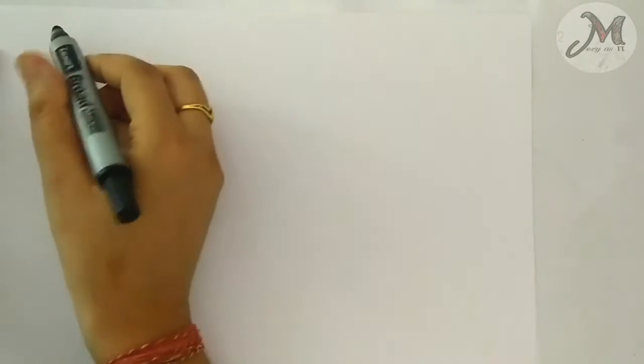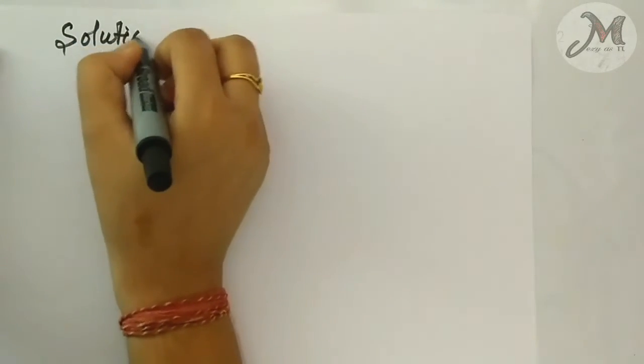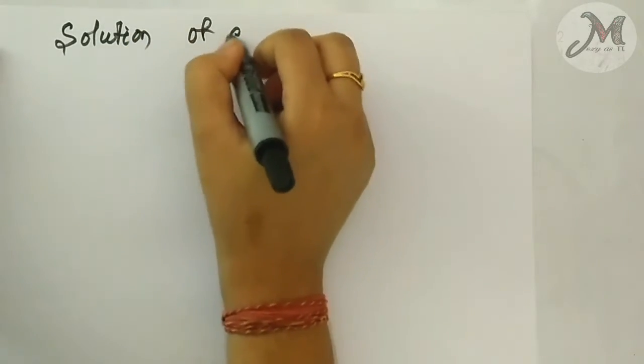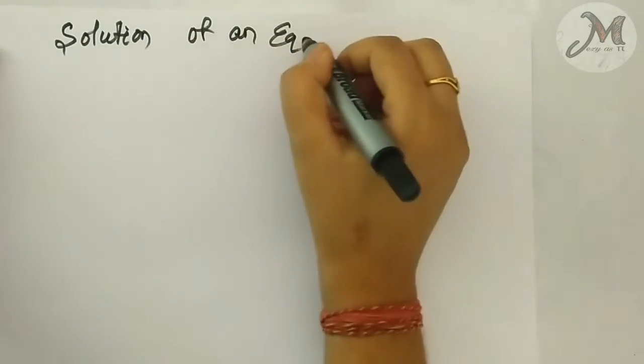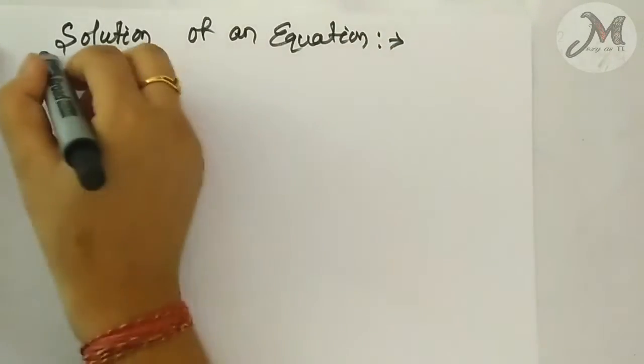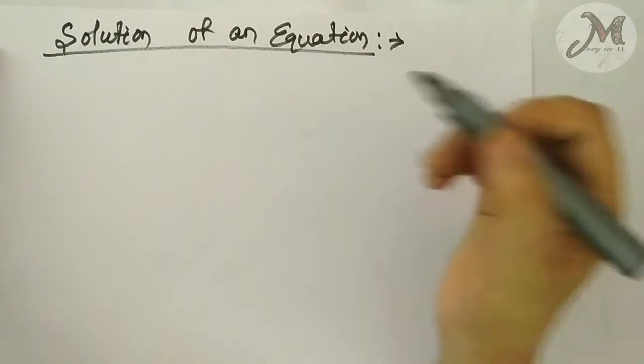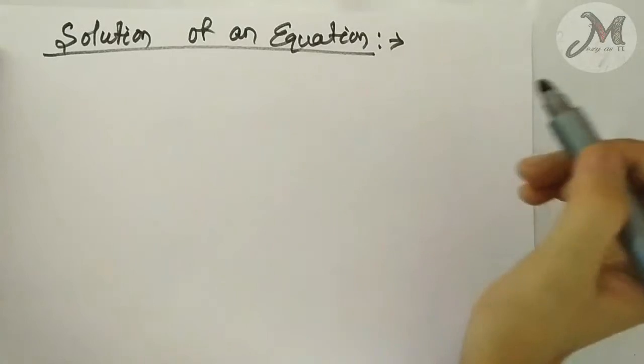So now we'll see how to solve an equation. Solution of an equation means we have to find the value of the variable for which the LHS part of the equation is equal to the RHS part.